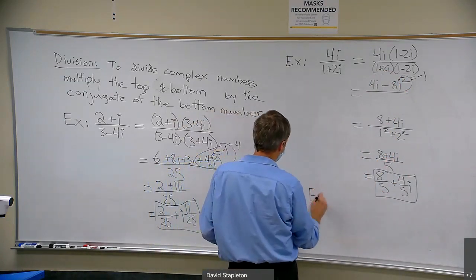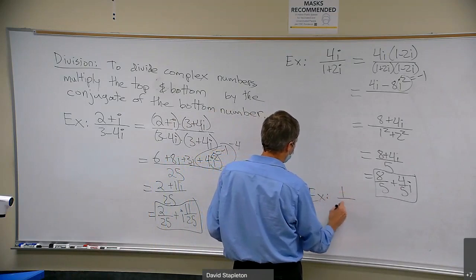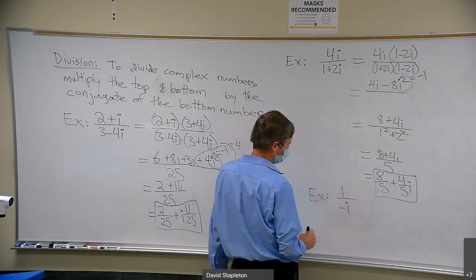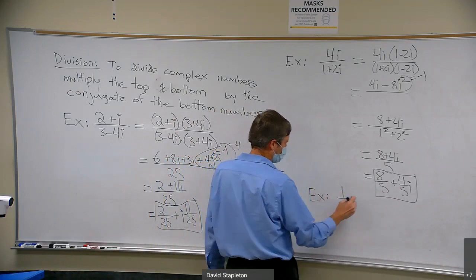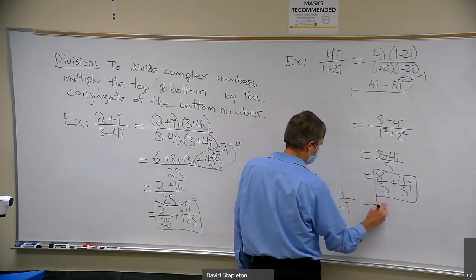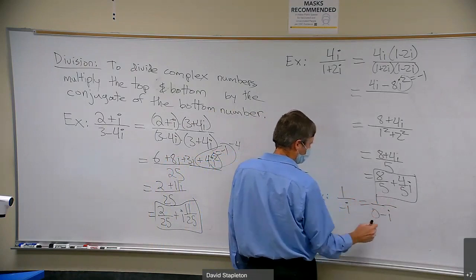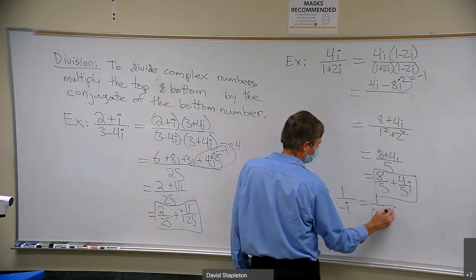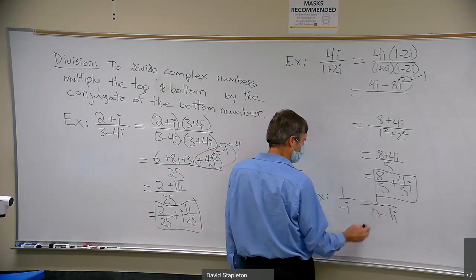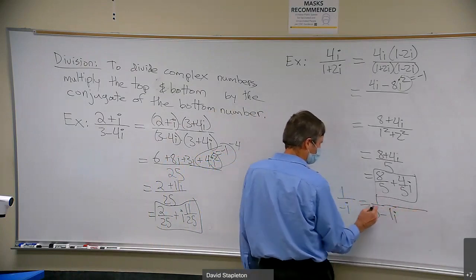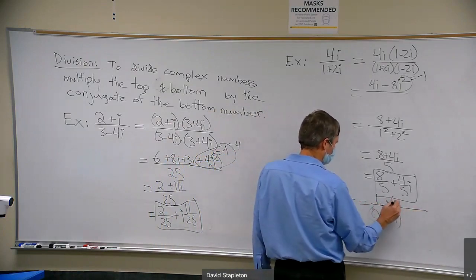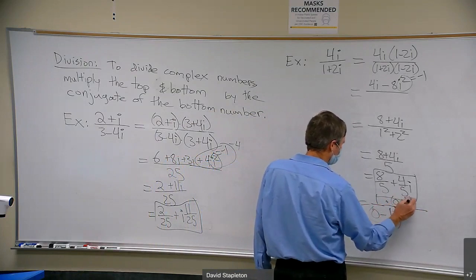And you can divide by i even. What is 1 over negative i? Well, what's the conjugate of negative i? Think of it as 0 minus i, right? 0 minus 1 times i, if you like. And then multiply top and bottom by the conjugate of this number, 0 plus 1i.